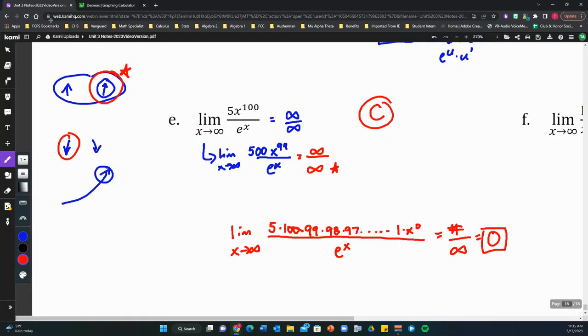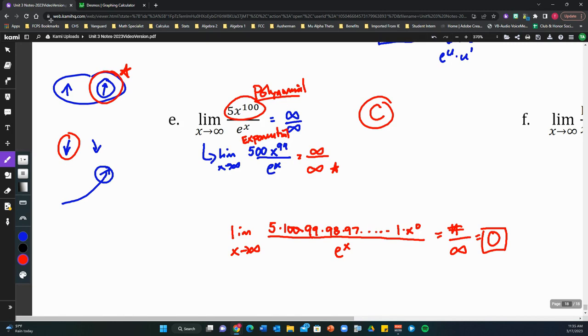Another way of thinking about this is going back to those growth rates. In that previous problem earlier where we got into an infinite loop, we had to compare growth rates. This is just a polynomial. I don't care how big the degree is. It could be a 1/1,000,000th degree polynomial. Eventually, at some point, an exponential function will take over and grow at a faster rate than any polynomial.